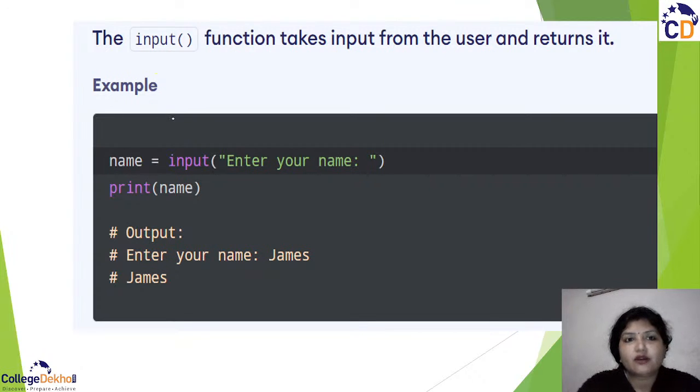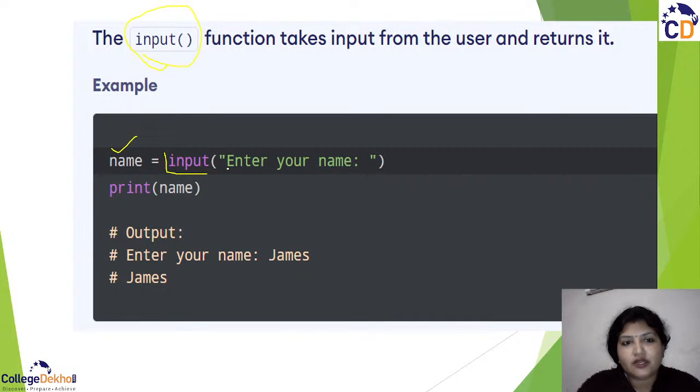Basically, when we want any input from the user, right, we will be using a function that is called the input function. Again I told you it has the parenthesis part, the same as with any other function, right? So here we have declared one variable which is storing the value that is taken as an input.